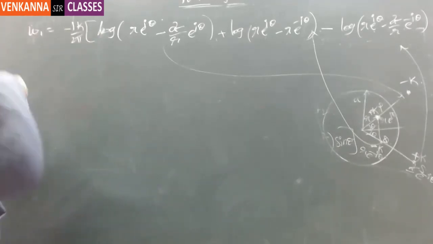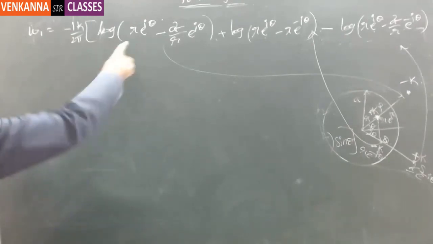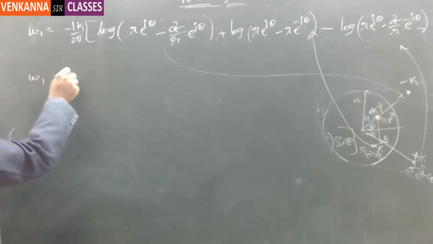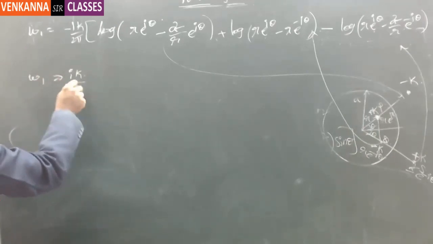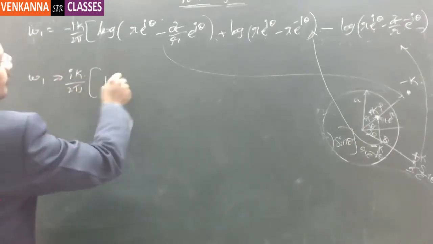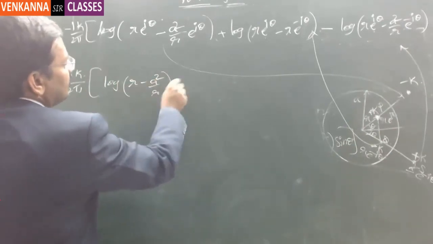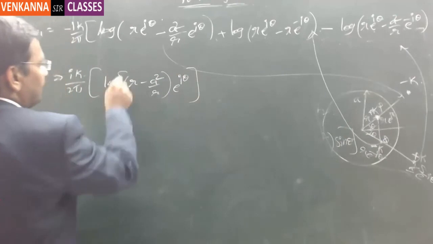Okay. Now actually we will simplify this further. So for this one, W1 is equal to ik by 2 pi times log of R minus a square by R times e power i theta, you can write it this way.